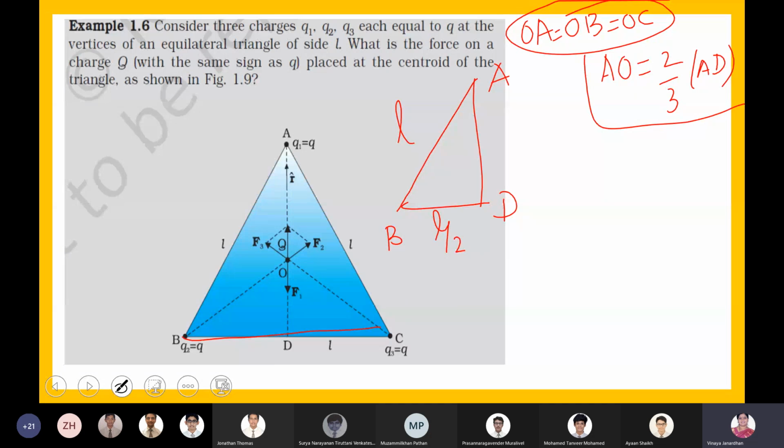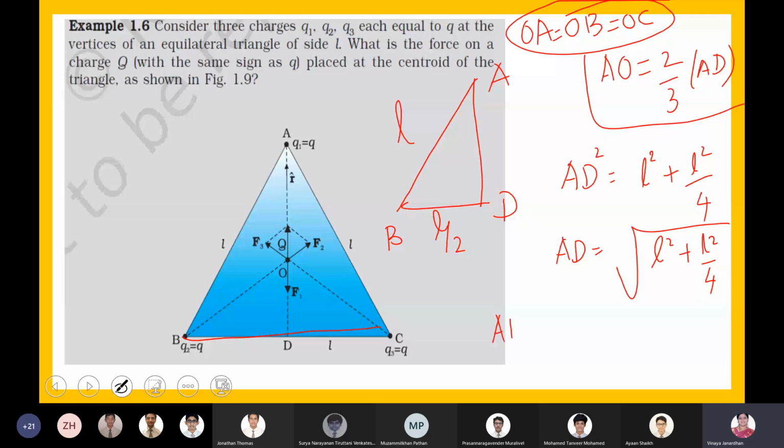Now what will be AD? By Pythagoras theorem, AD squared will be equal to L squared minus L squared by 4.